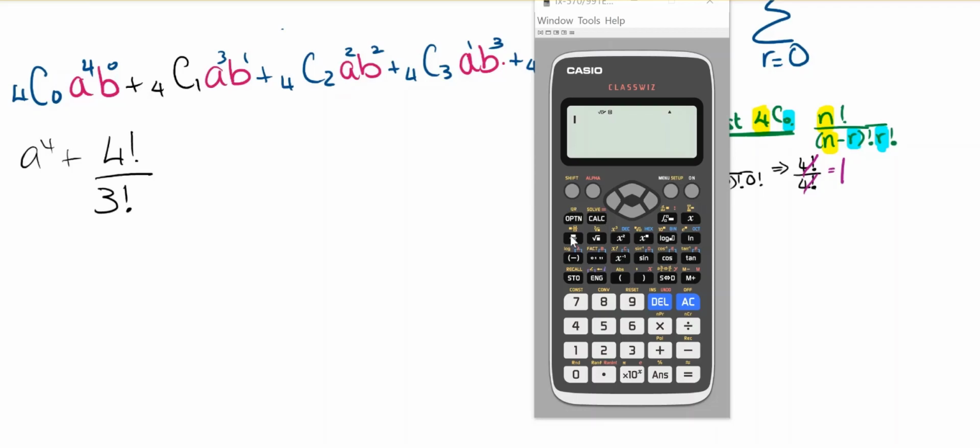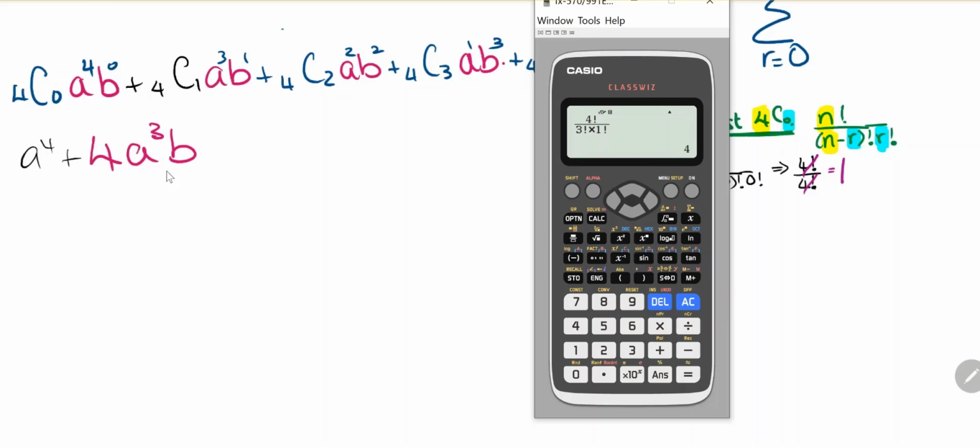On the calculator, we've got the fraction button. So 4, shift, above here we're looking for the x and exclamation mark. So we'll have 4 factorial divided by 3 factorial, multiplied by 1 factorial, which we know is just 1. And we'll have 4. So this here is going to become 4, and it's a cubed times b.